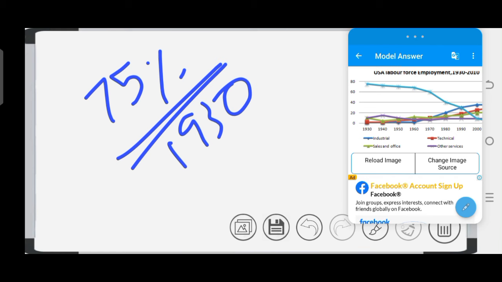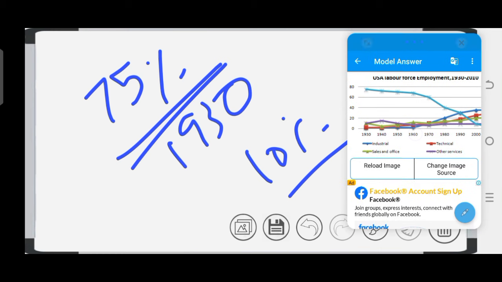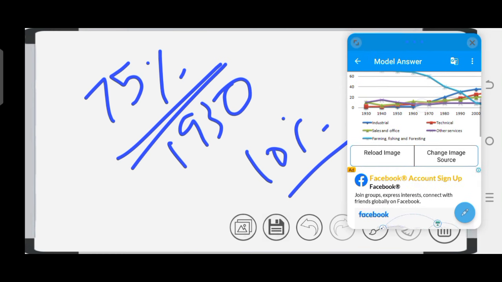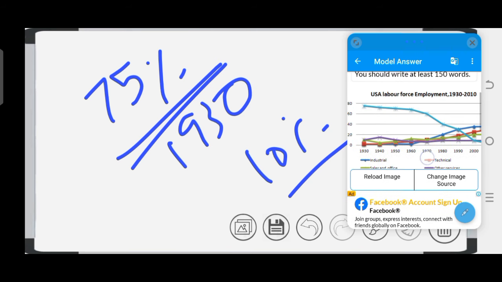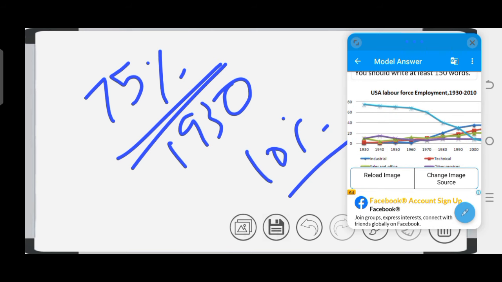So 10% in sales and 75% in farming and fishing. How can we see that from the graph? If you pay closer attention, you will see that this is farming, fishing and foresting, and it goes almost touching 80%.